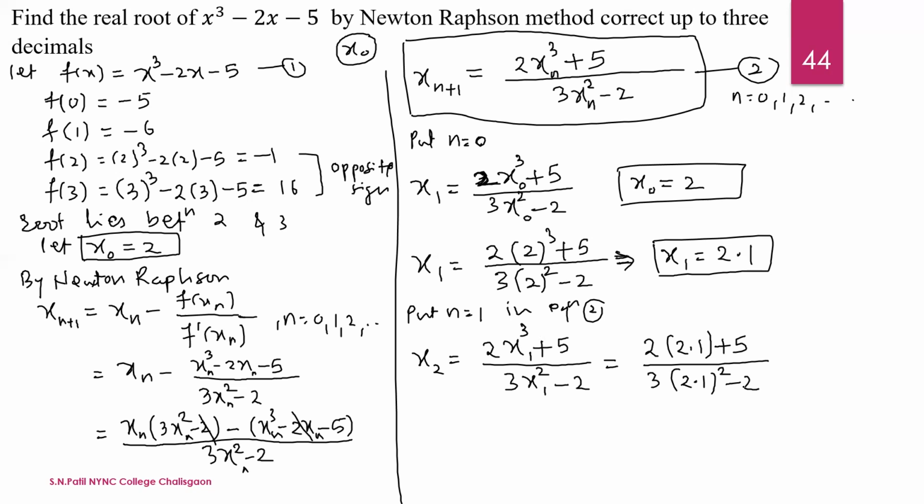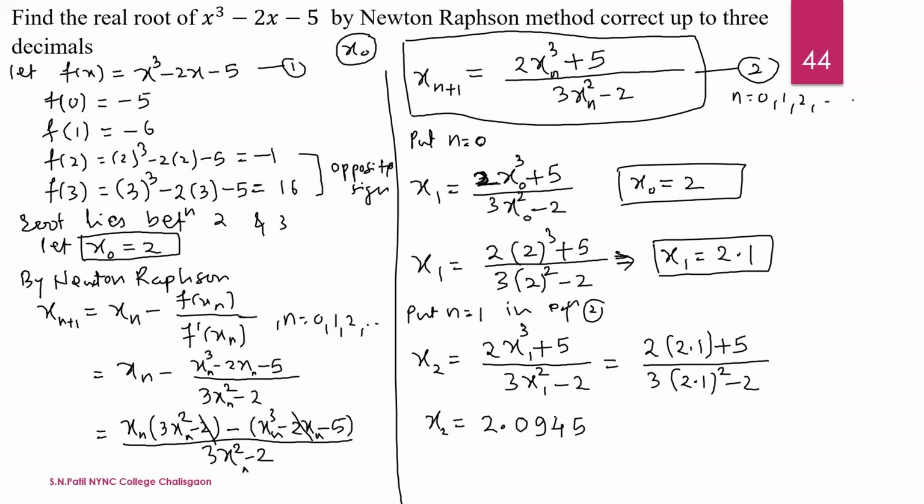Now by calculator we get x2 is equal to 2.0945.